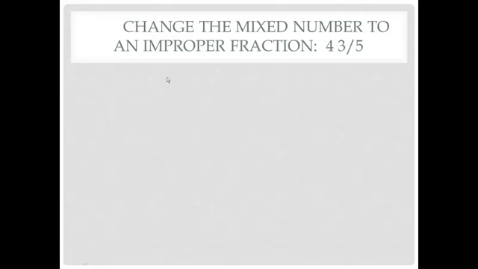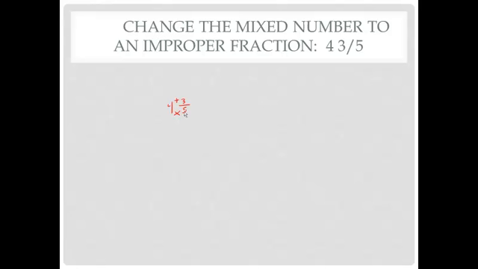Okay, change the mixed number to an improper fraction. So now we're going to go in reverse order. So 4 3/5. If I want to change that to an improper fraction, we're going to multiply and then add. To get our new top number, again our denominator will always stay the same. So we're just doing the opposite of what we did on the last screen.